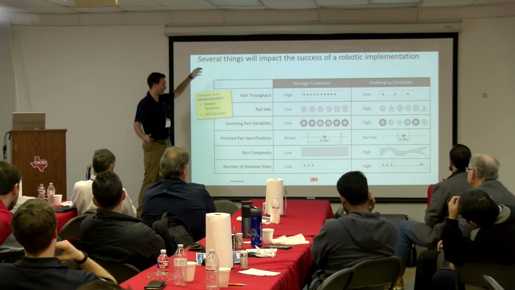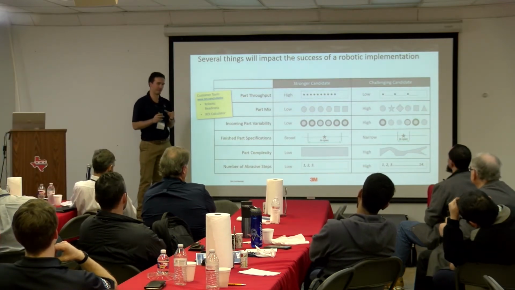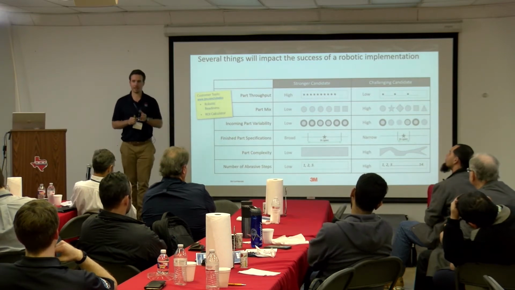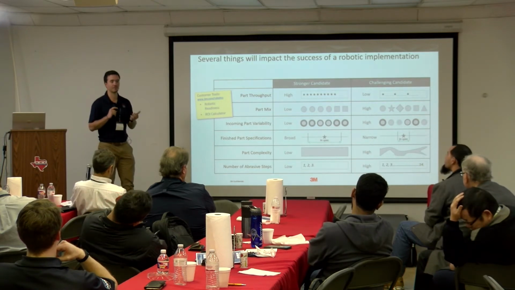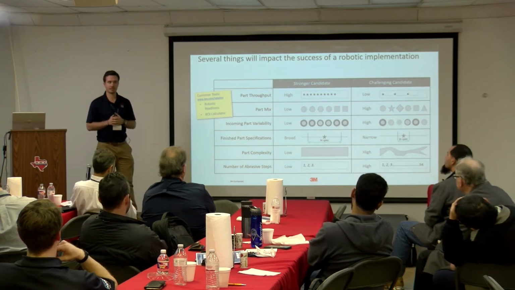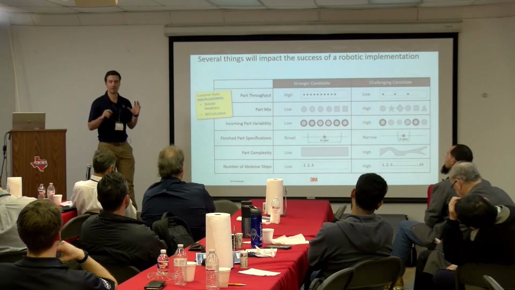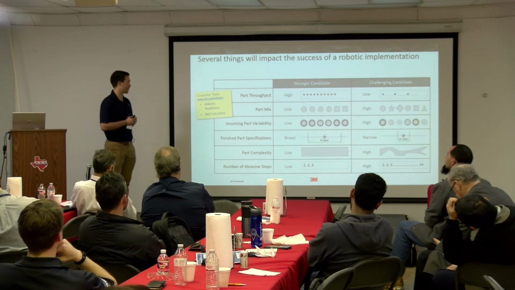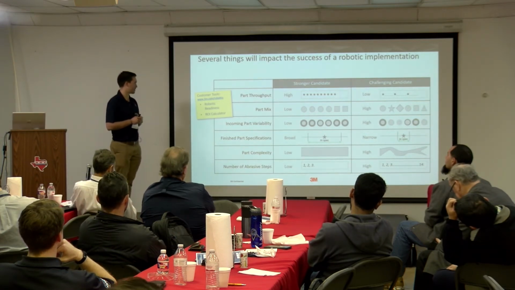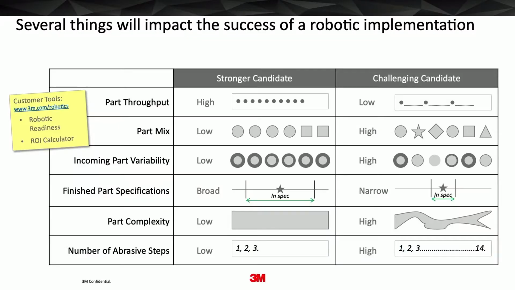This is very high level, so we don't like to bucket it perfectly, but it's something we can look at as an idea of where to start, especially if you're not in a lot of abrasive removal. It's been around a long time, but not many people know about it, so that's what we're here to educate on. A big one we like to look at is part mix, but especially part variability. How different is part to part coming into the work cell? Because that makes it easier or harder to manufacture.